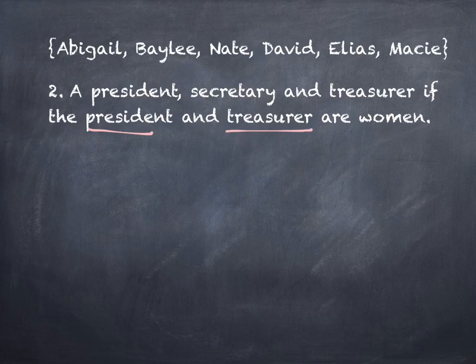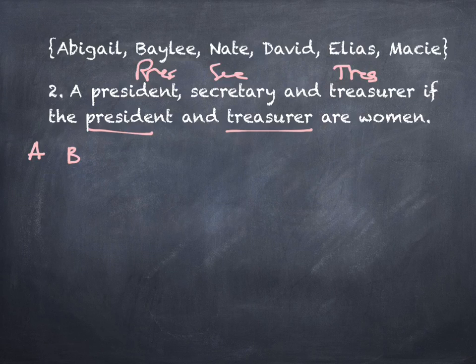So let's start with President. Who? Abigail. And we'll put the treasurer at the end just so that they're listed in order: President, then the secretary, then the treasurer. So if I do Abigail as president, who could be treasurer? Pick somebody for me. Bailey could be treasurer, yeah. Okay, so if I have Abigail and Bailey in these 2 roles, how many different people could go in the middle for the secretary spot?